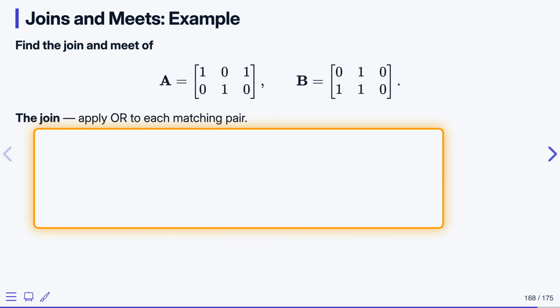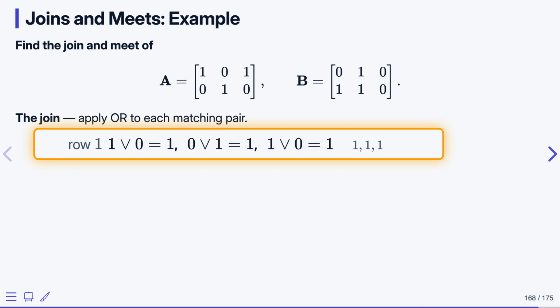Let us work the example. A and B are both 2 by 3 0-1 matrices. Take the join first, which uses "or" on each matching pair. Row 1: 1 or 0 is 1, 0 or 1 is 1, 1 or 0 is 1. So the top row of the answer is 1, 1, 1.